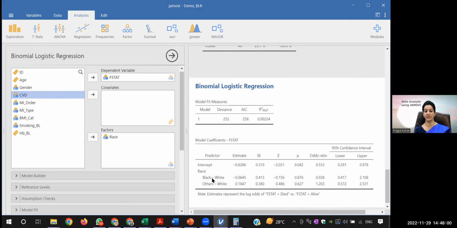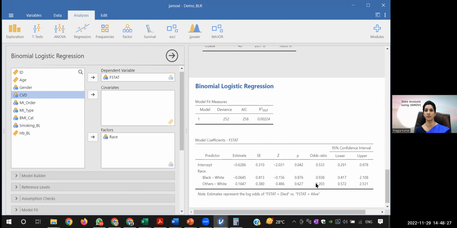And there you can see it gives you the levels. So black, white means it is giving the odds ratio of black taking the reference category of white. It is the odds ratio of others, the odds ratio of death in others taking the reference as white.